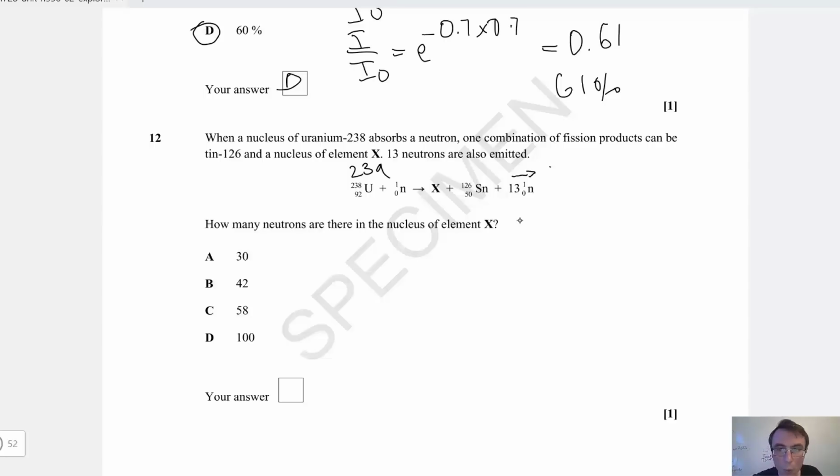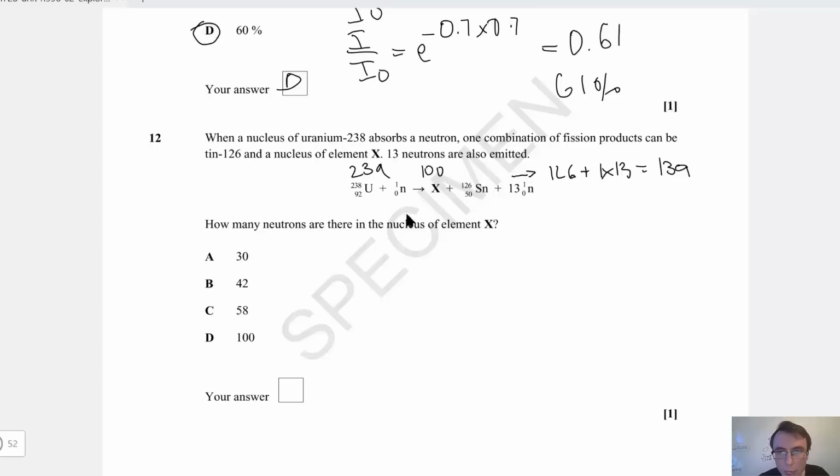That's going to give me 139 nucleons without element X. So 239 take away 139, well, this will just be equal to 100.